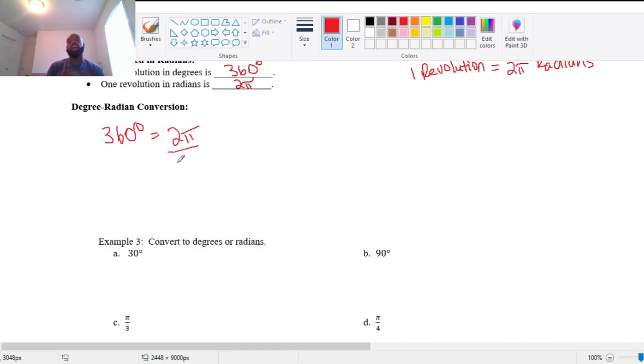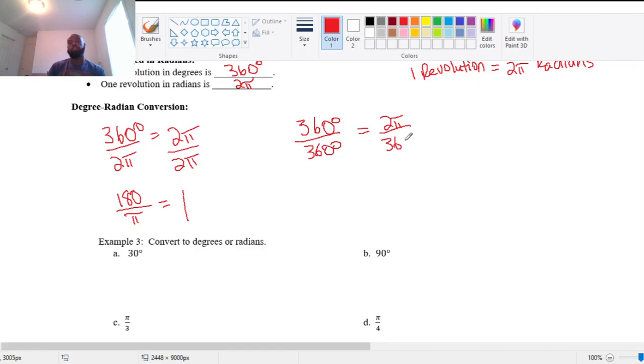For instance, if I divided both sides by 2 pi, 2 goes into 360 180 times, then 1 is the exact same thing as pi, 180 over pi. I can do this the other way around and divide both sides by 360 degrees, and I'm going to get 1 equals pi over 180, right?